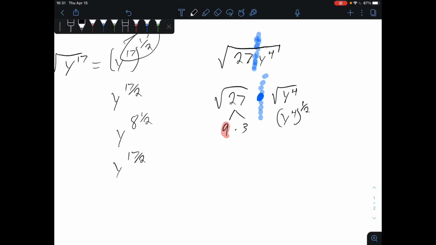And if we bring that out, we have the square root of 9 times the square root of 3, multiplied by y squared. Well, the square root of 9 simplifies down to 3 times the square root of 3 times just y squared. Another way to write this is 3y squared square root of 3.